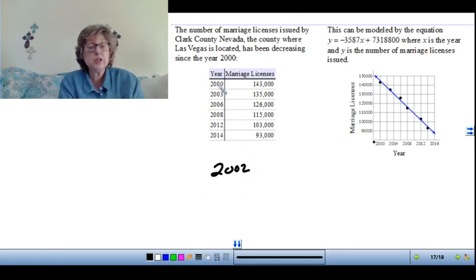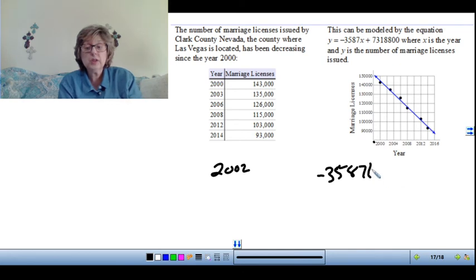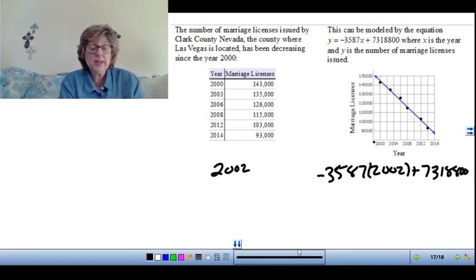Well, 2002 is within the 2000 to 2014 data, my lowest to my greatest. So that would be an interpolation, and I would just stick it into my equation and crank out that number.